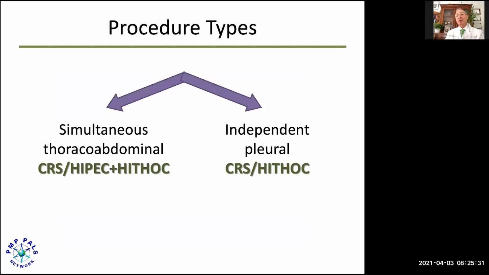Or independently, as we mentioned before, in people who already had a successful abdominal surgery, or sometimes have minimal residual disease in the abdomen, but the chest has become a problem because it had already spread there, and the issues with the chest are going to be more important initially as symptoms and survival than what is occurring in the abdomen.